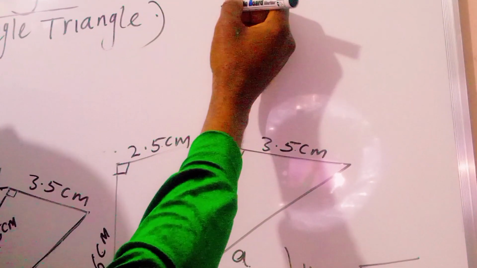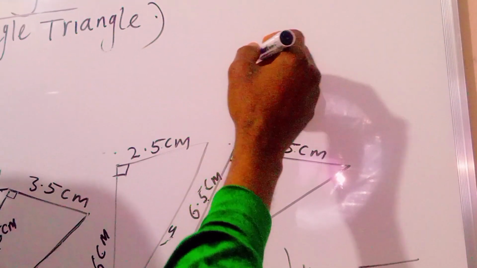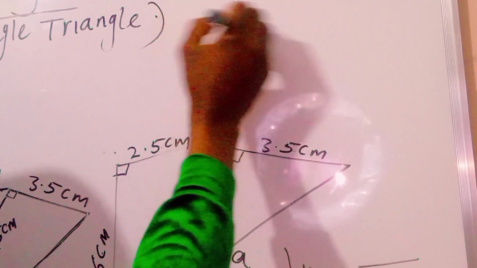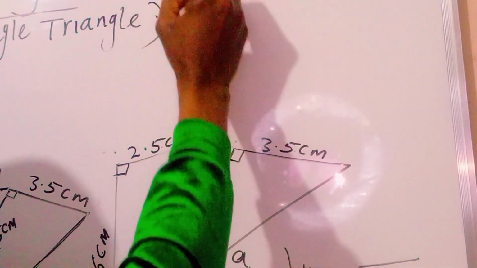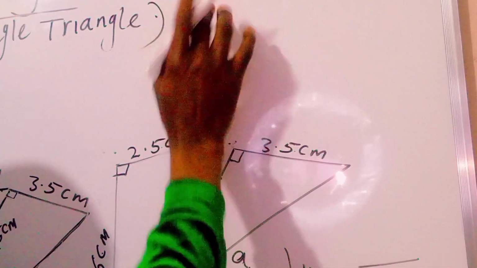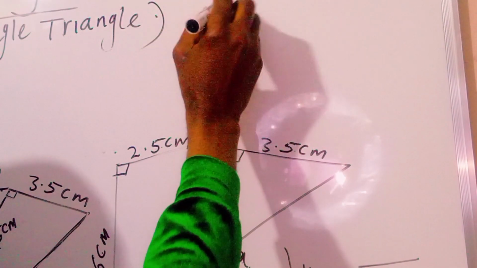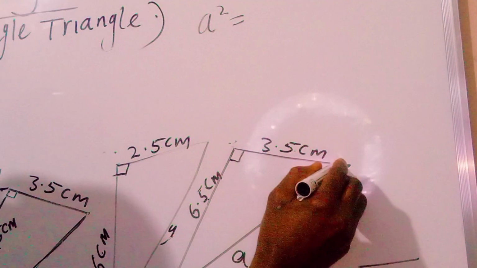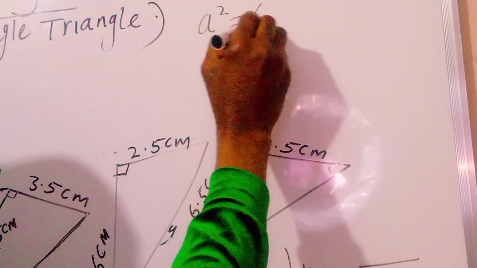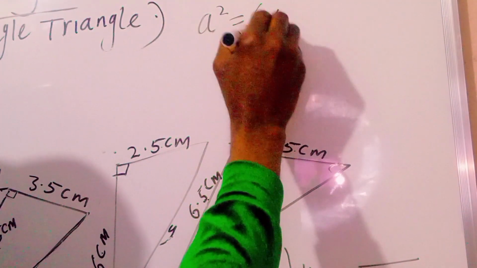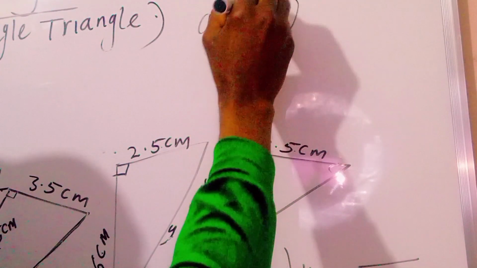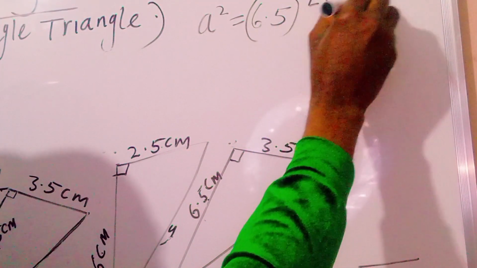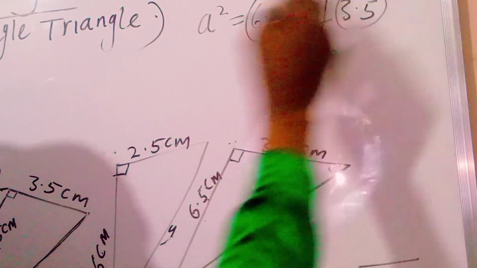So if we solve here, A squared equals, the opposite of this angle is 6.5, so 6.5 squared plus 3.5 squared.